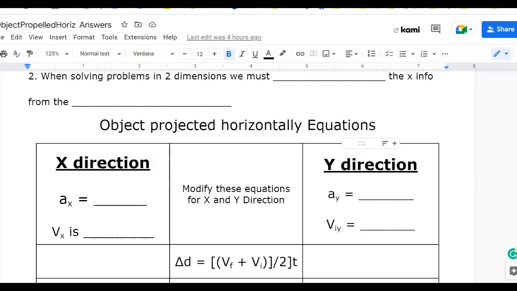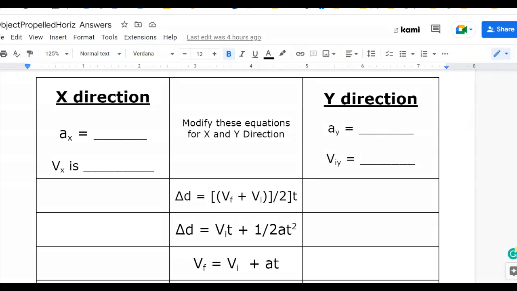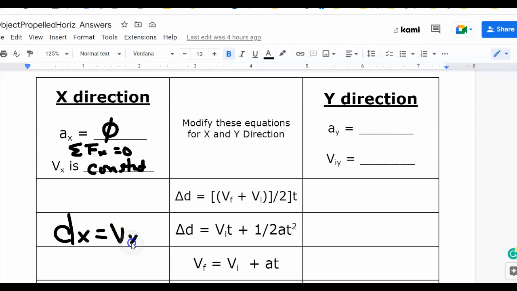So, for an object propelled horizontally, the equations are ready. Now, you already told me that ax equals 0 because the sum of the forces in the x direction equals 0, and you told me the vx is constant, right? So you know what that means? There's only one equation in the x direction. This is it. Done. That's the only equation: dx equals vx times t, because there's no acceleration.